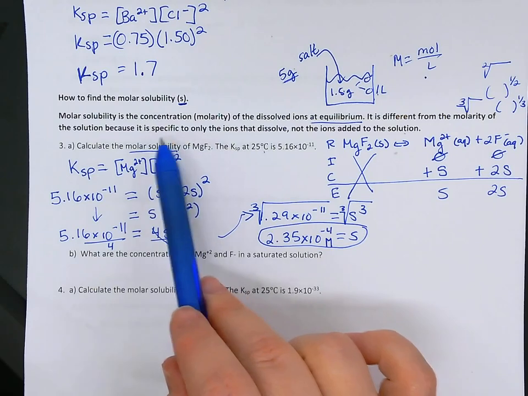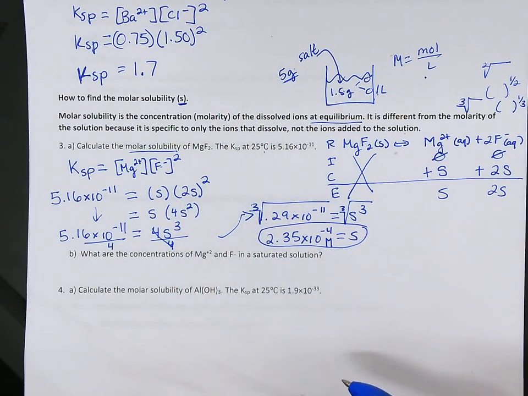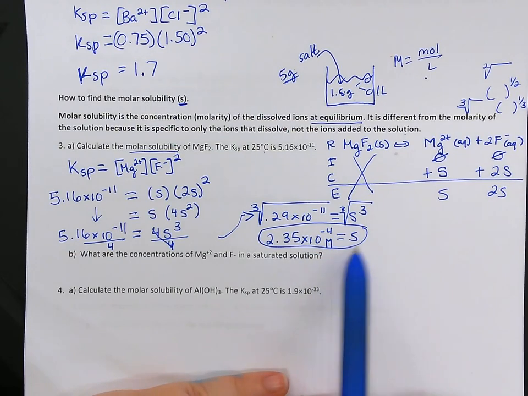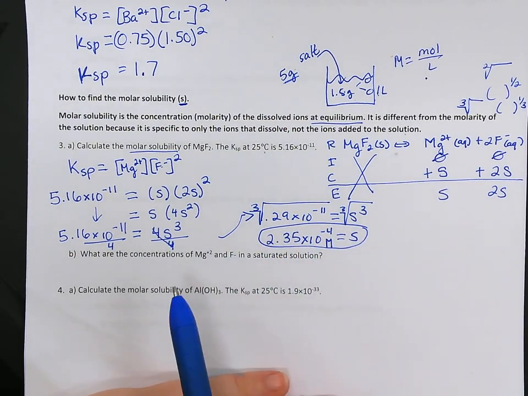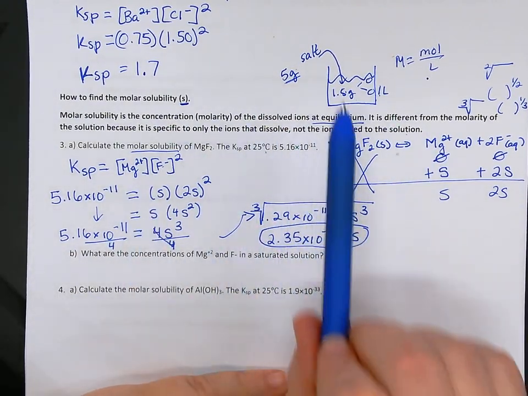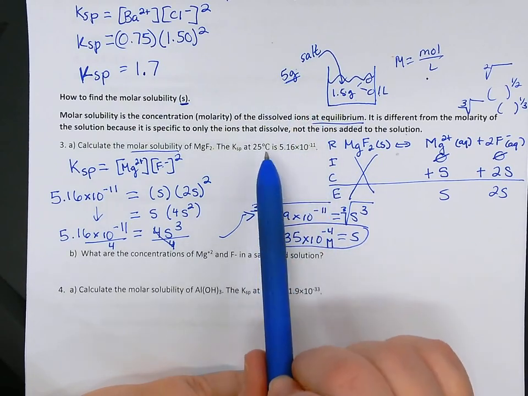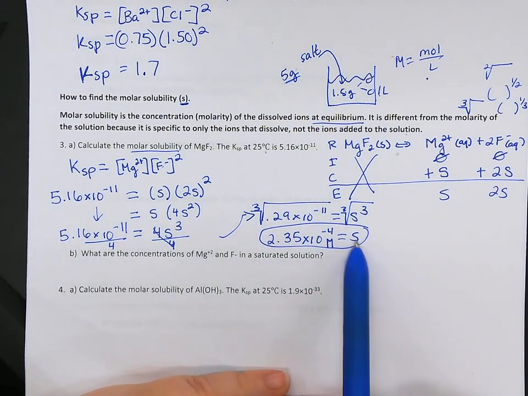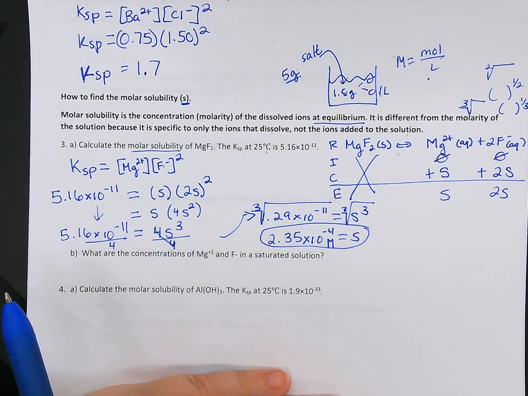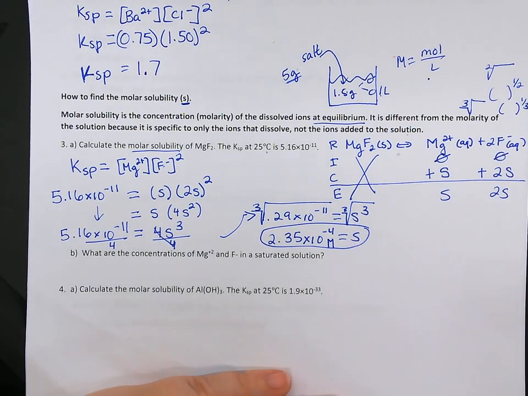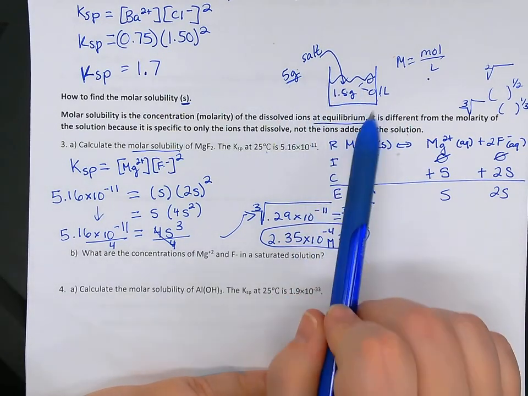So molar solubility is essentially solving for S here. And what it tells us is that this is the concentration of those ions. No matter how much solid we dump in there at 25 degrees Celsius, this is going to be how much actually dissolves. Okay, that's your molarity of your solution that actually dissolved, not how much you added, but what broke apart.